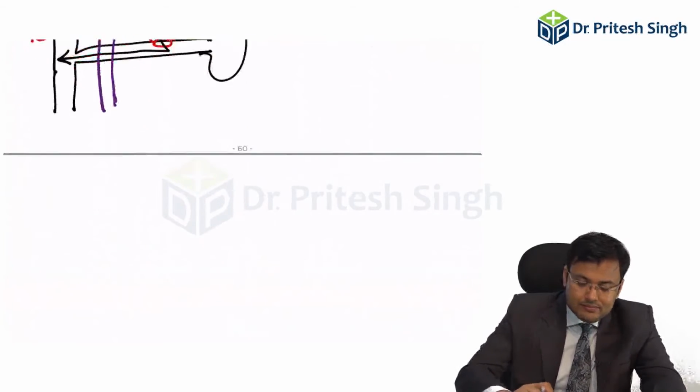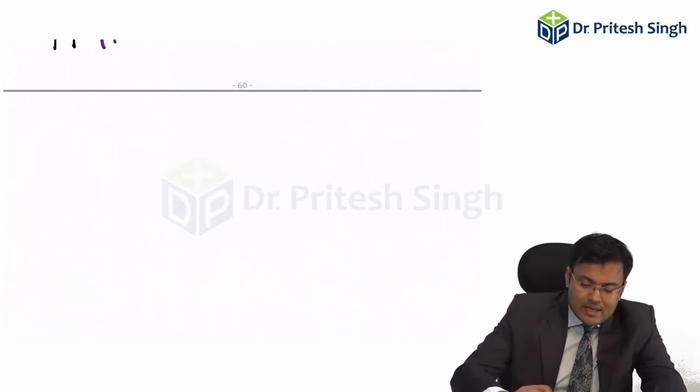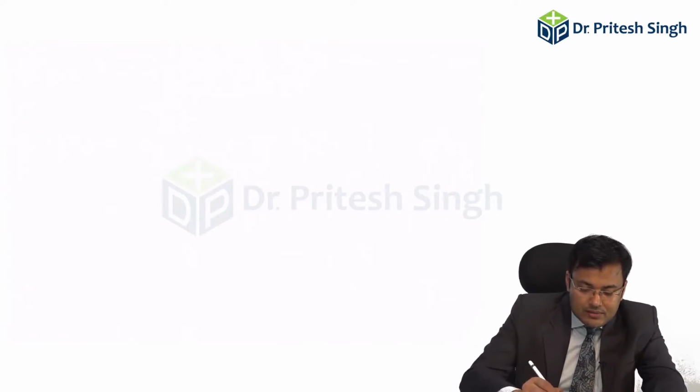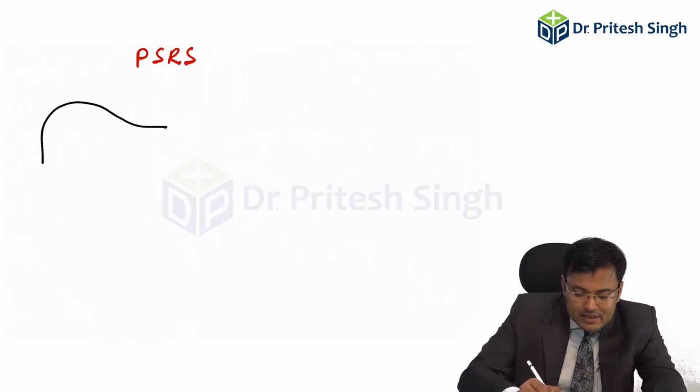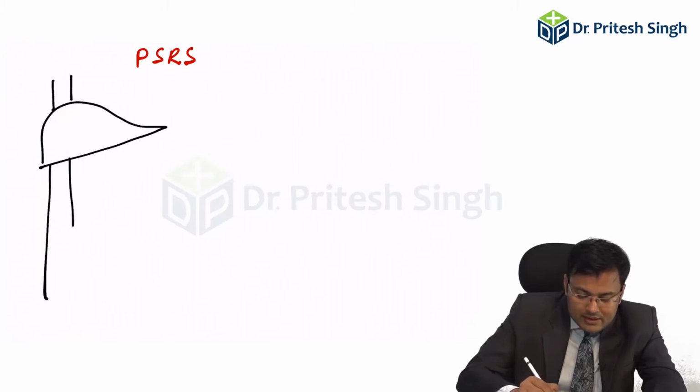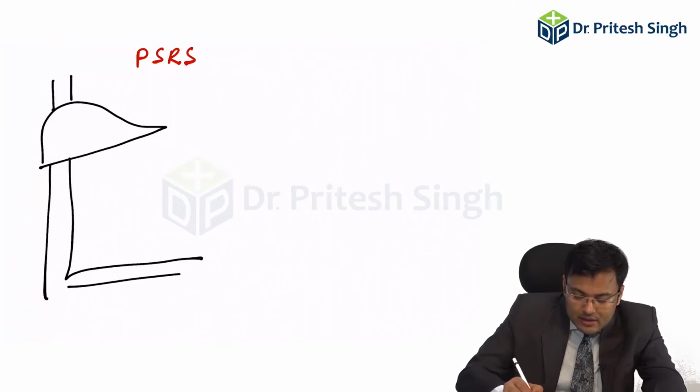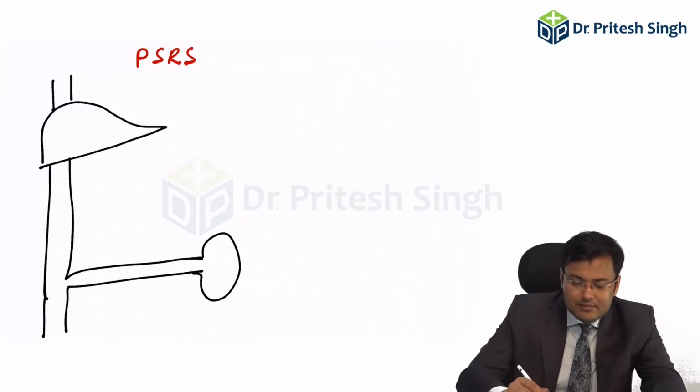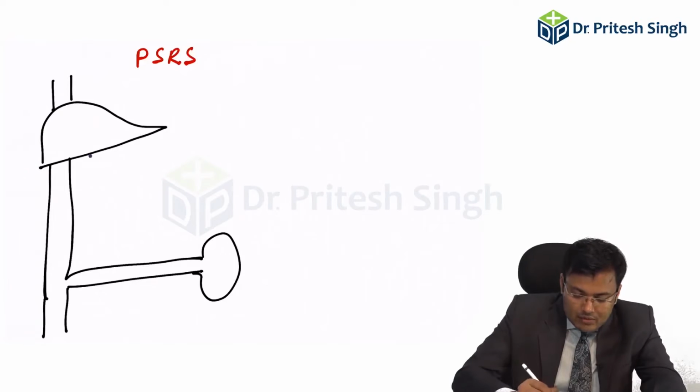So next is PSRS or proximal splenorenal shunt. Now have a look at this simple diagram. Again similar diagram. This is liver. This is IVC. And this is the tributary on left side, left renal vein. You can see this is portal vein.